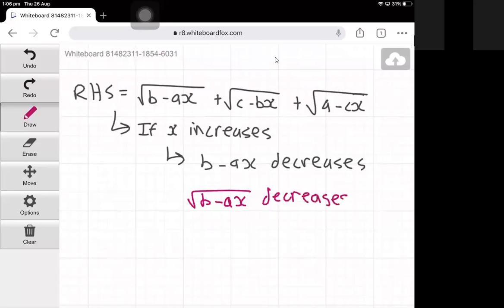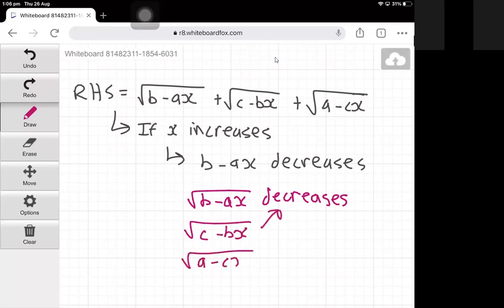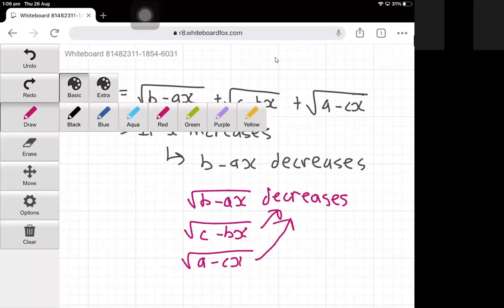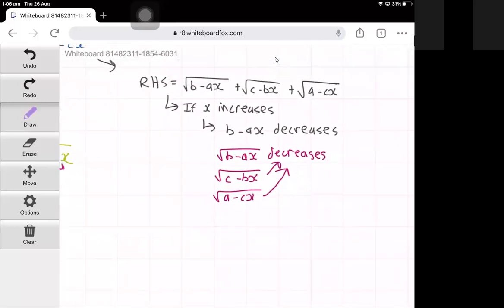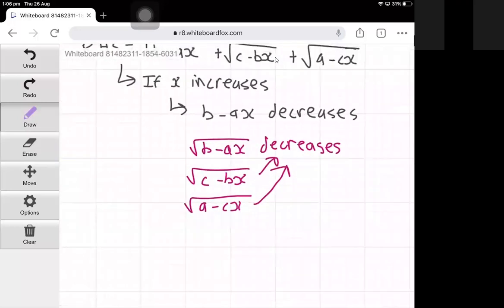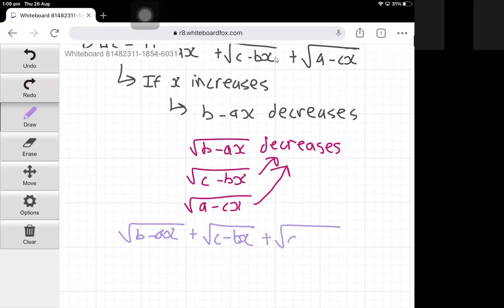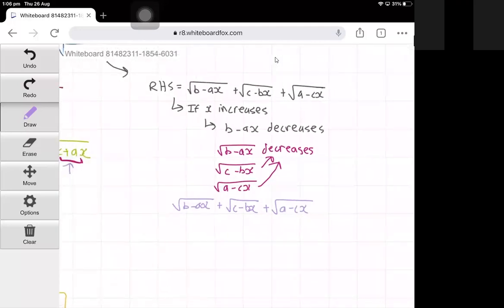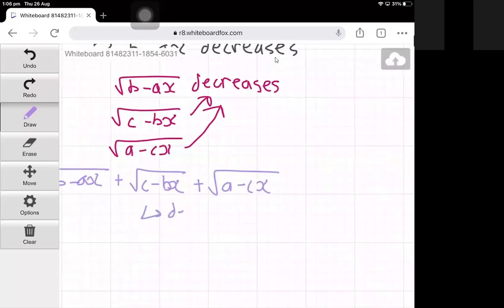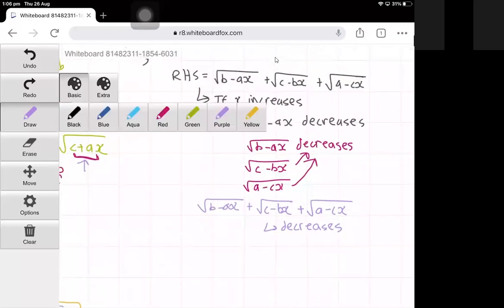And similarly, all the square roots will decrease. So all of these square roots decrease, and it follows that if we add all these up, the entire right-hand side decreases.